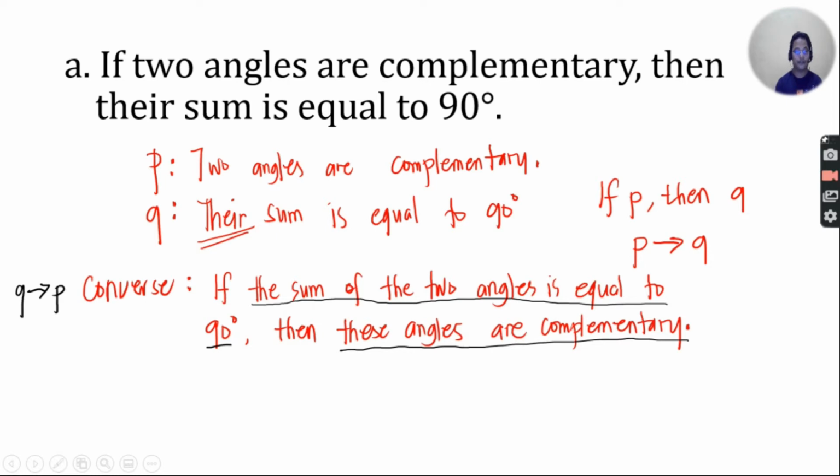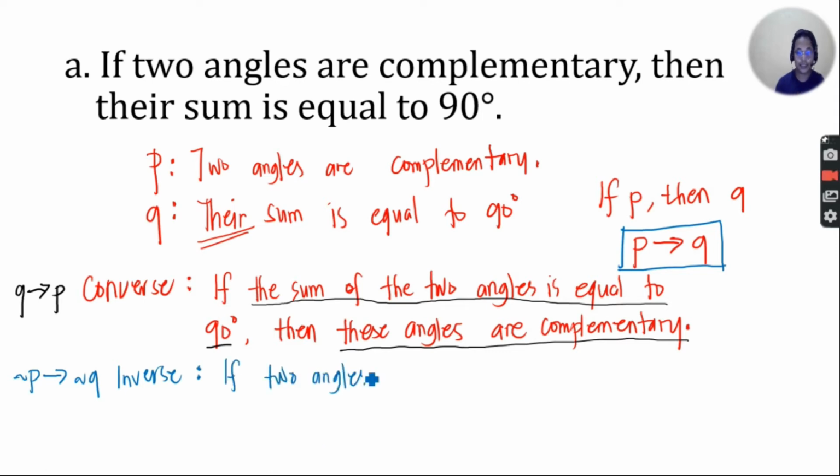Then, for our inverse, we are going to negate our hypothesis and the conclusion po. So, not P implies not Q. Yung ating conditional statement ay P implies Q po. So, yung magiging inverse natin, if two angles are not complementary.